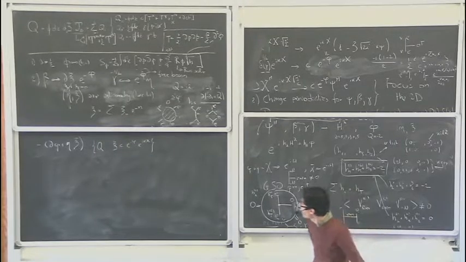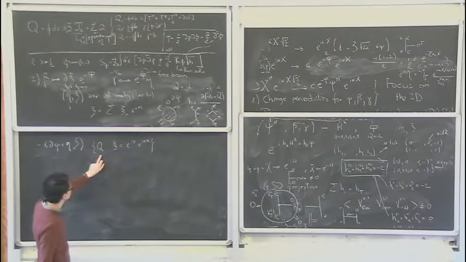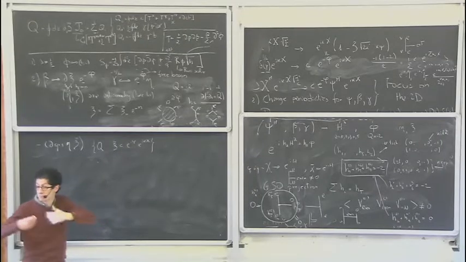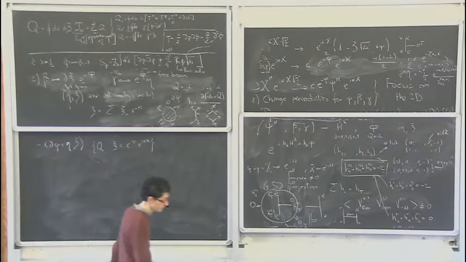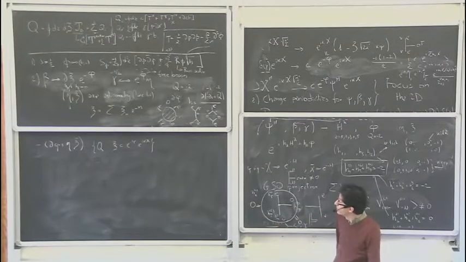When you do this, you would say, okay, this is a BRST exact state, right? Because I get it with the commutator of the BRST charge.